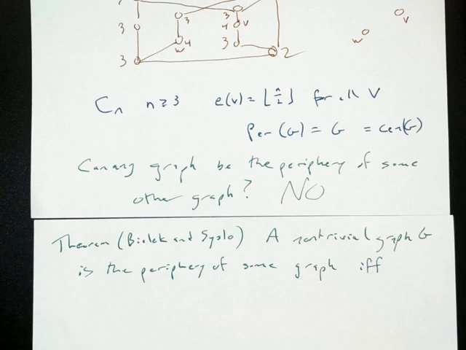Bialik and Sislow would prove that a non-trivial graph, G, is the periphery of some graph if and only if one of two things is true.